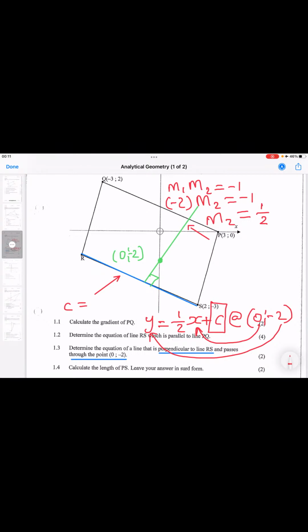We might not even need to assume. I just noticed something. It is going to be negative 2. Why? Because c refers to the y-intercept, and we already know that.